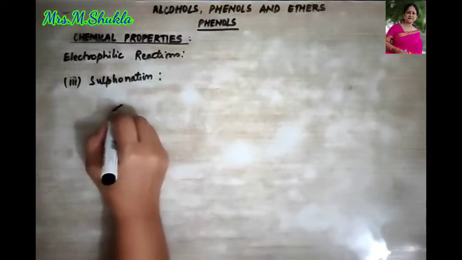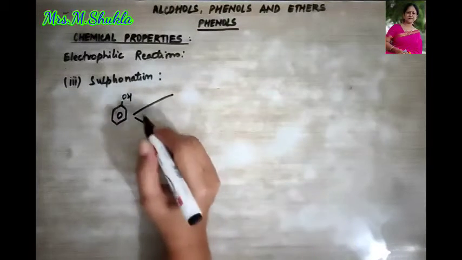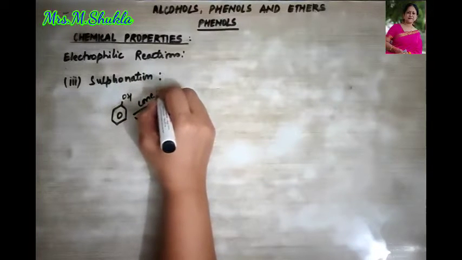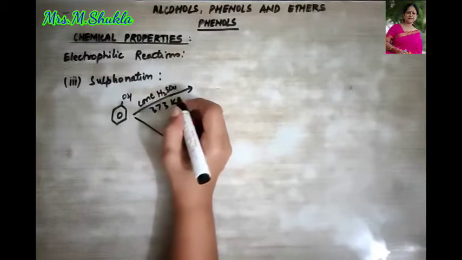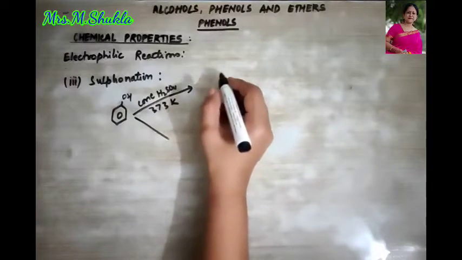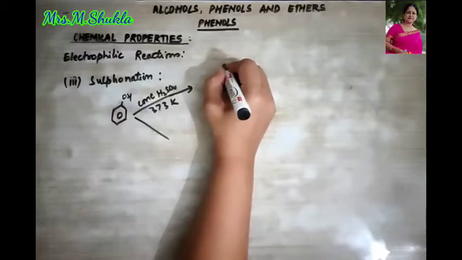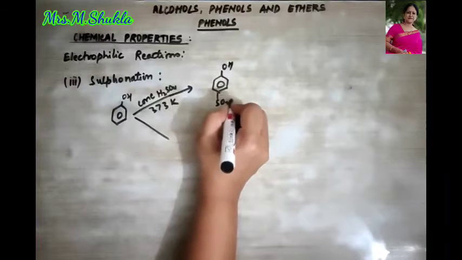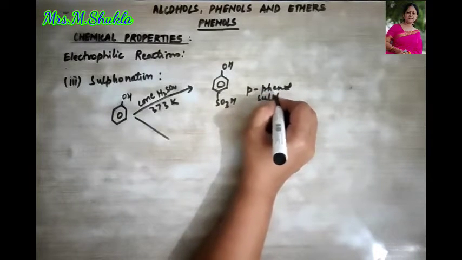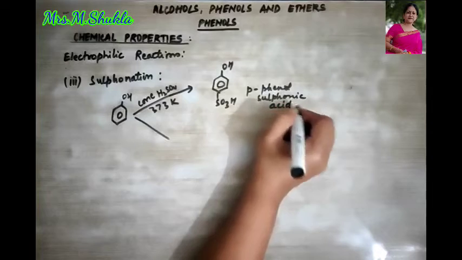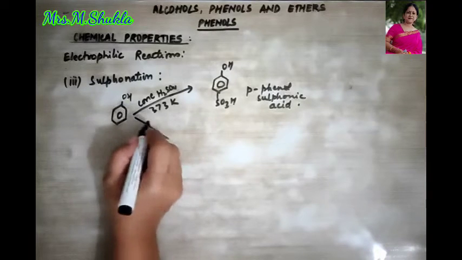Over here phenol, when treated with concentrated H2SO4 at 373 Kelvin, is going to give you a major product, that is para-phenol sulfonic acid, right?